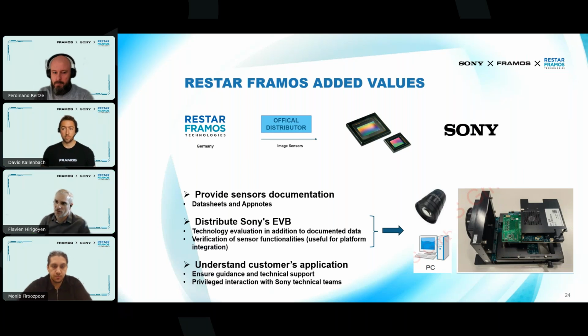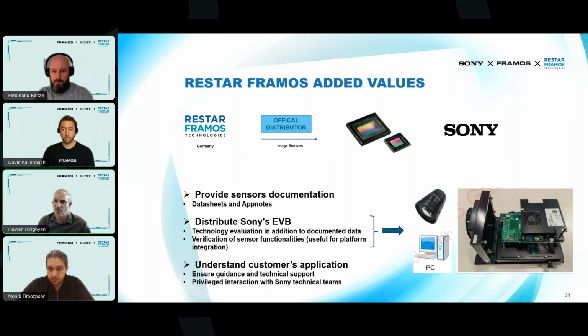In addition, we can distribute as well Sony evaluation kits, which are some specific boards and optics, and as well a specific software in order for the customer to evaluate the technology capabilities in addition to the documented data, but as well to start to verify the sensor functionalities, which can be quite useful when the customer decides to start in parallel the integration of the sensor into its own platform.